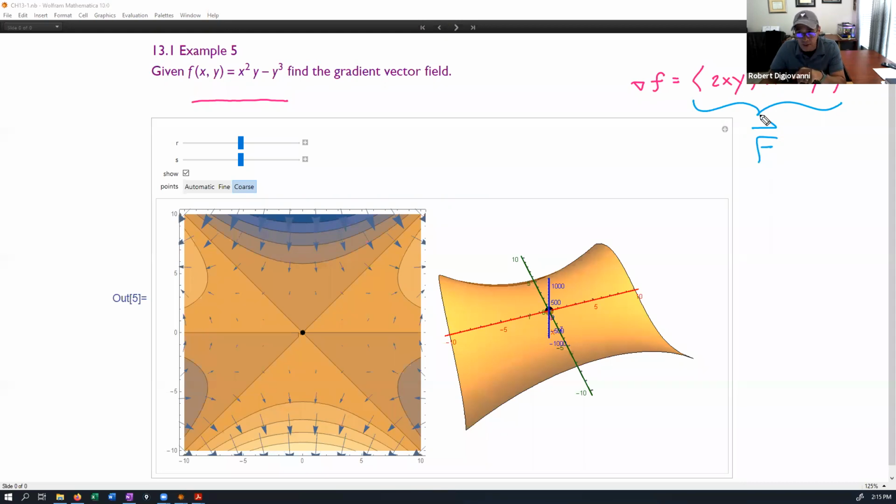You would say yes. And the reason it's conservative is because it came from taking the gradient of a scalar function. Not all vector fields can be generated by taking the gradient of a scalar function. Not all of them can. Any vector field that can be generated by taking the gradient of a scalar function is called conservative. Otherwise, it's not conservative.